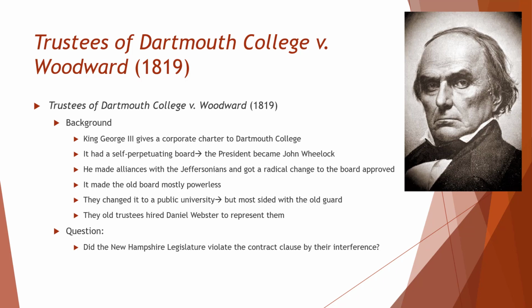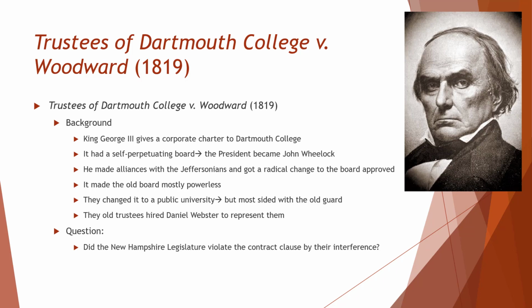So the president at the time was John Wheelock. He made alliances with the Jeffersonians, but the one thing is that maybe some people on the board have different ideas. You can maybe try to get similar people, but people might drift away over time.